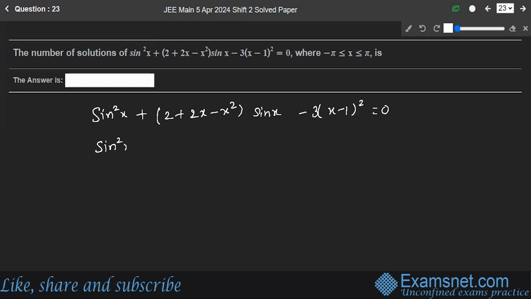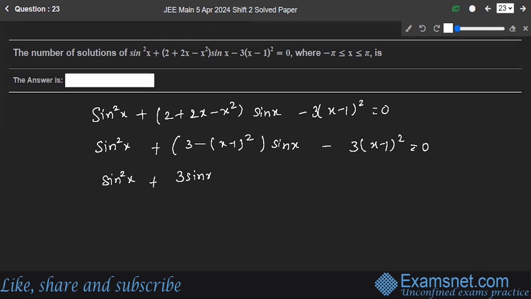I can write it like this, sin square x plus 3 sin x minus sin x minus 3(x minus 1) whole square is equal to 0.